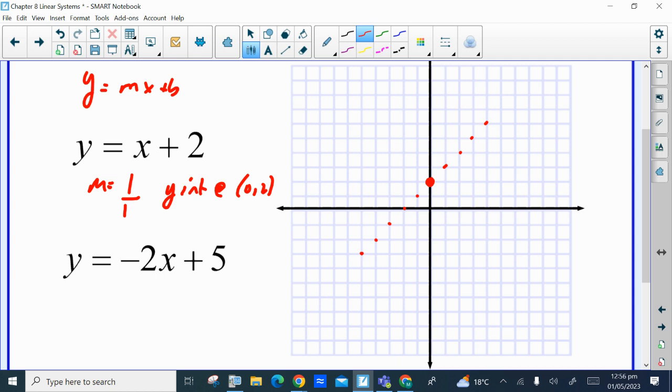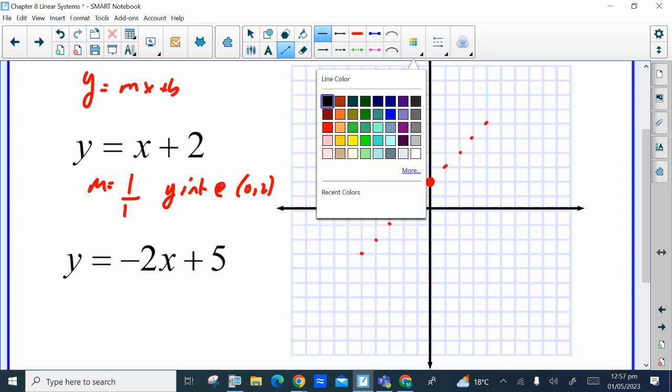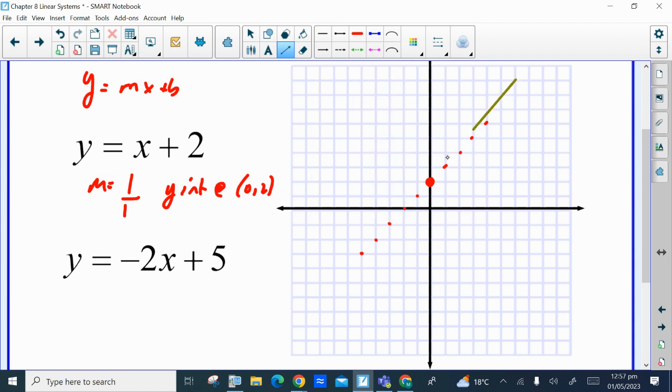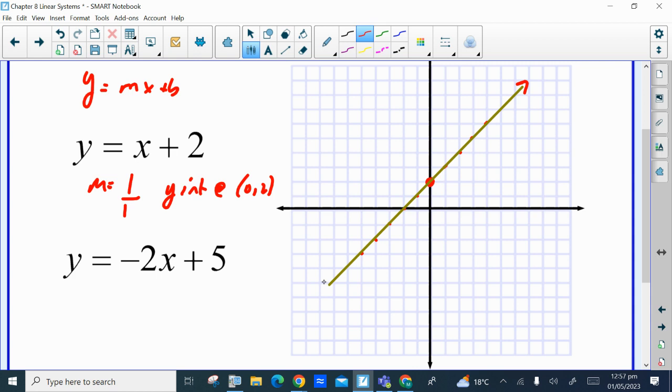Goes through all those points. Our slope is +1, which means as you go left to right, it must rise, which this line does. Right? So there's that line with arrows on the end.